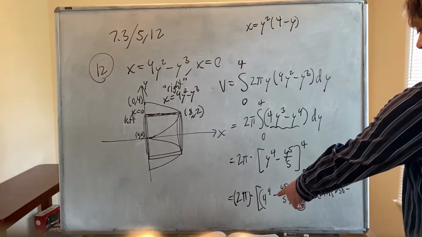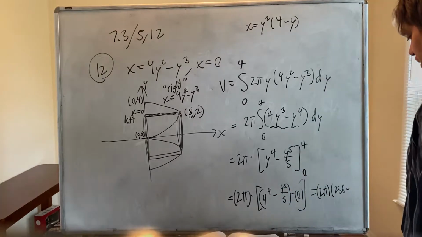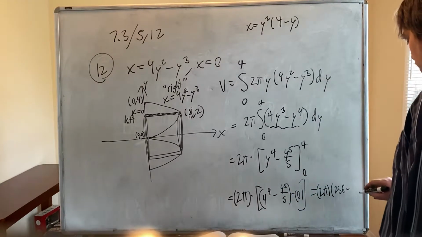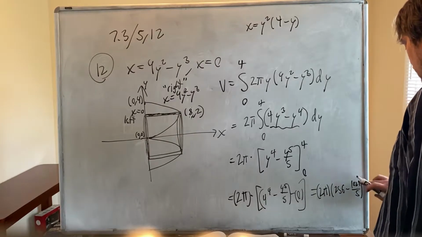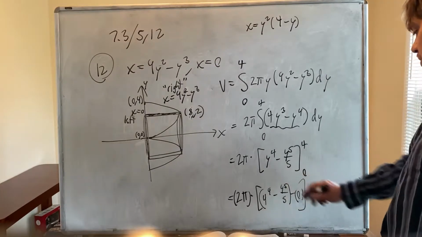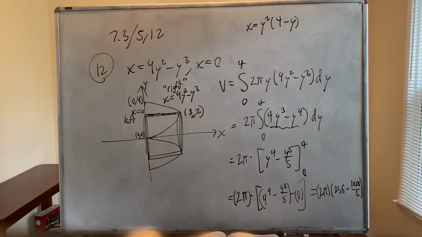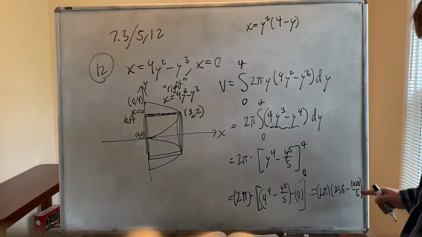So 4 to the 4th is 256. 4 to the 5th is 1024. So it's 1024 divided by 5. Okay, so 4 to the 5th is 2 to the 8th power, 2 to the 10th power, which is 1024.